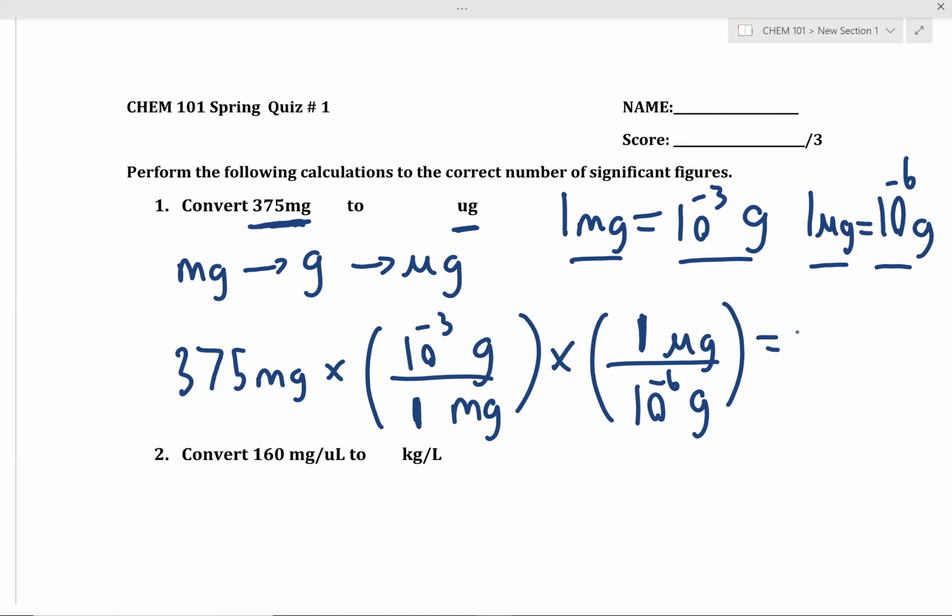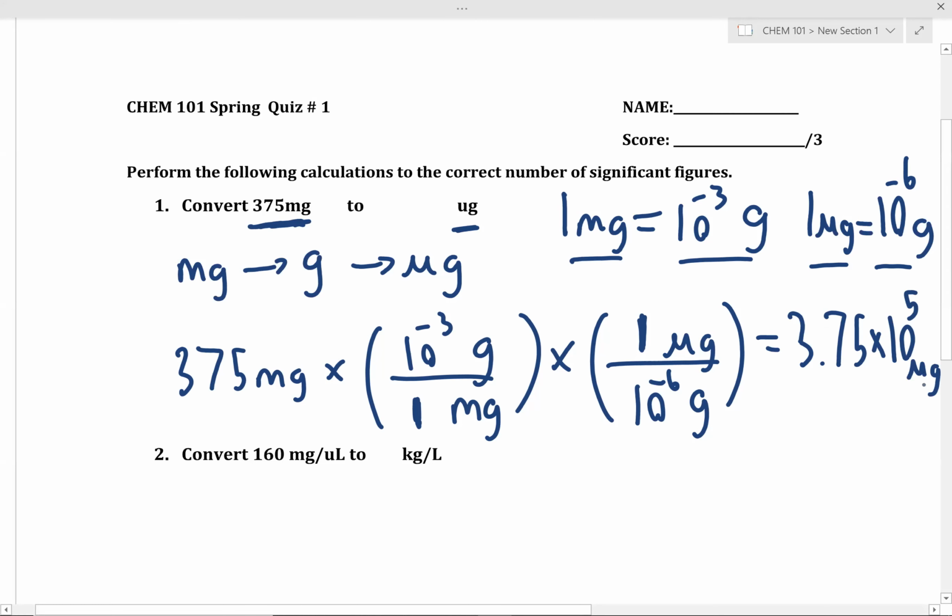And in the end, you'll get quite a large number. To convert this into scientific notation to make it a little bit easier to write, we're going to hit the second key followed by the button number 5, which is the science function. And in the end, as our final answer, we'll get 3.75 times 10 to the 5th micrograms.